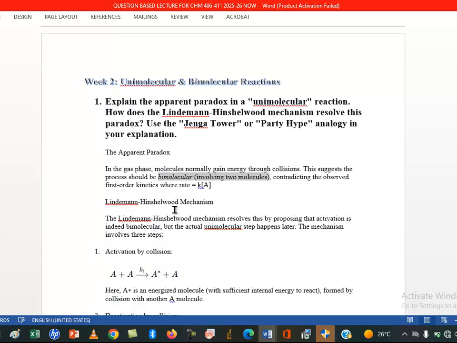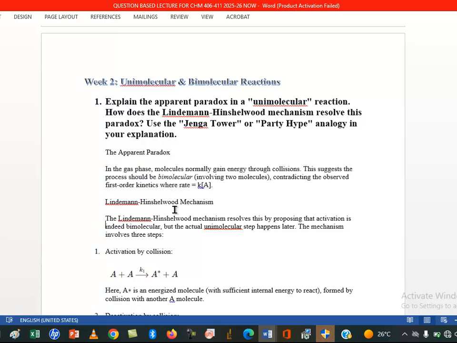But the problem is that we have some that we call unimolecular. So how come they are unimolecular if you are going to require two molecules to collide for the reaction to proceed? So that is what this is saying. You can simply write this down and you get your full marks.